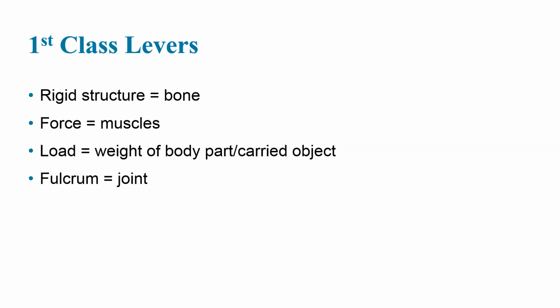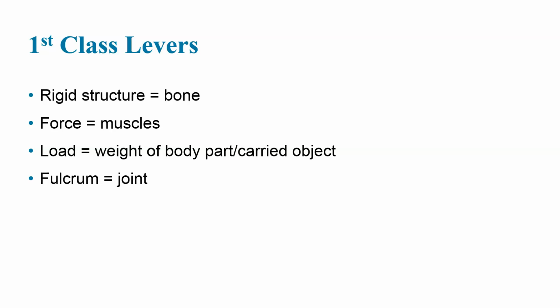So remember back to our objectives, the function of a muscle in a lever is to provide the force or the effort. Okay. There'll be a fulcrum, which is typically a joint, and then the load. So the load is the resistance that's placed on the bone or a weight that may be carried by the bone.